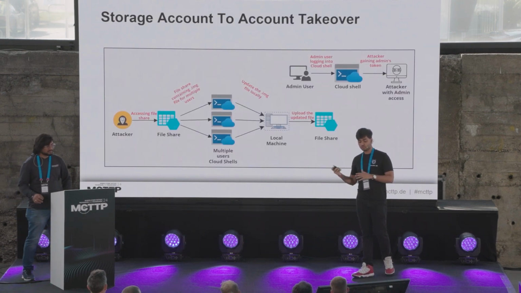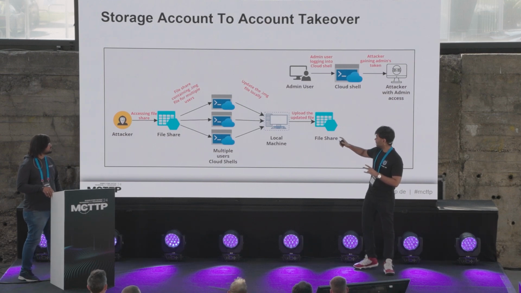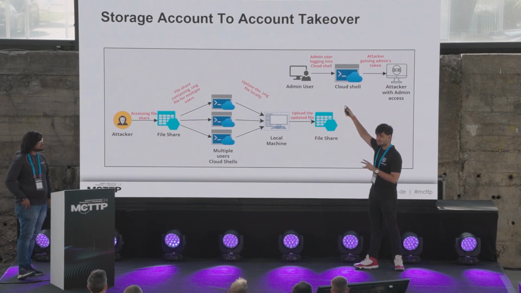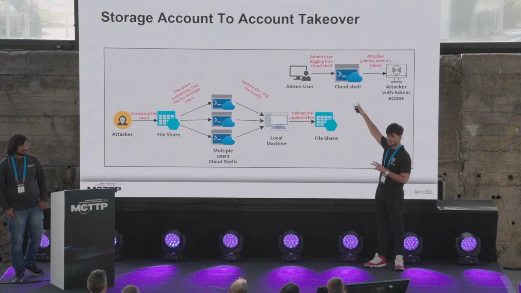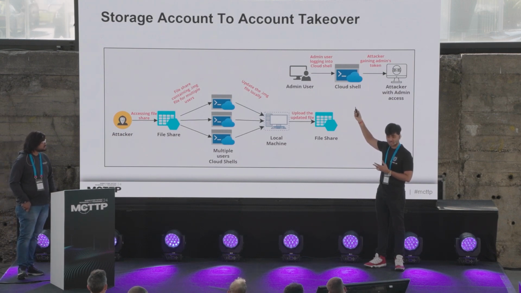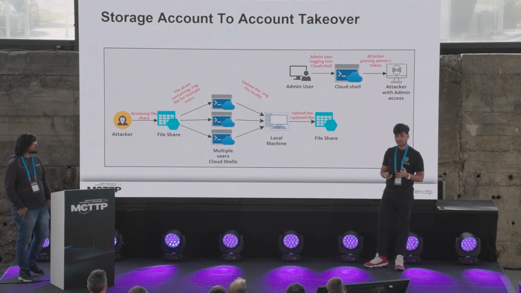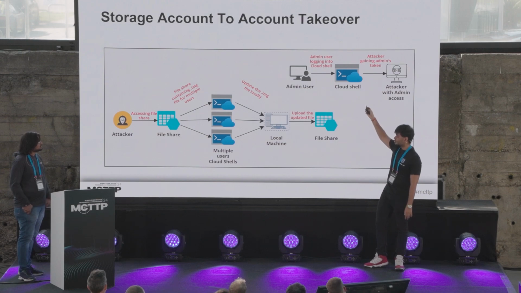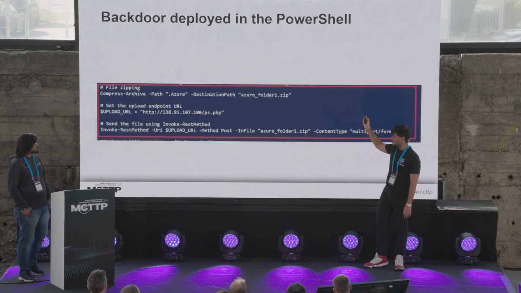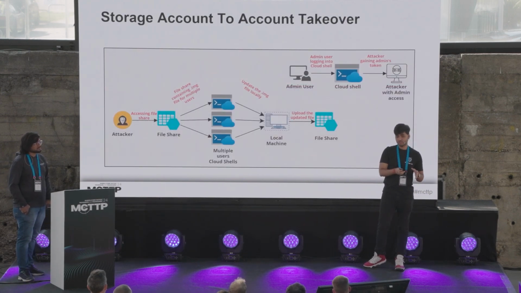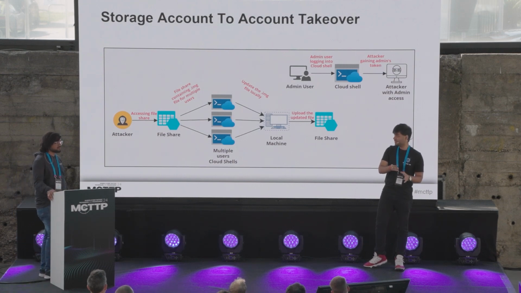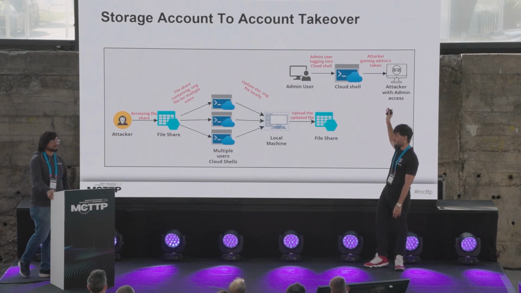We assumed that whenever an admin or that specific user opens up the Cloud Shell, it doesn't matter whether Bash or PowerShell, because we have startup files for both, these specific codes will automatically get executed, and the whole Azure folder zip file will get uploaded to our server.